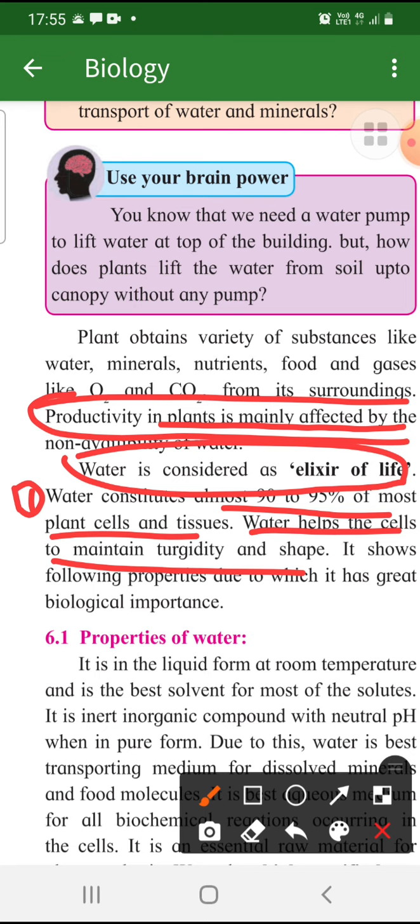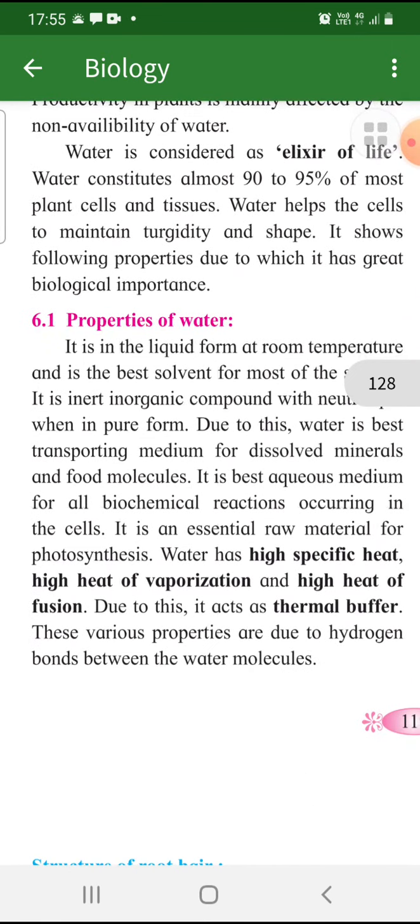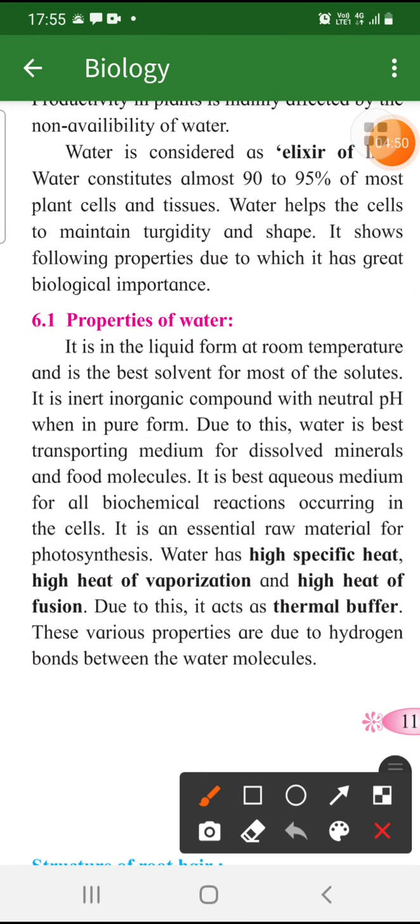Now next question. What are the different properties of water? So this is a bit of chemistry you should be understanding. So water की क्या क्या property है? सबसे पहले रूम टेम्परेचर वो कैसा होता है, लिक्विड होता है. और वो one of the best solvent है. That means it can dissolve anything, maximum things in the earth, right? So that's why best solvent.